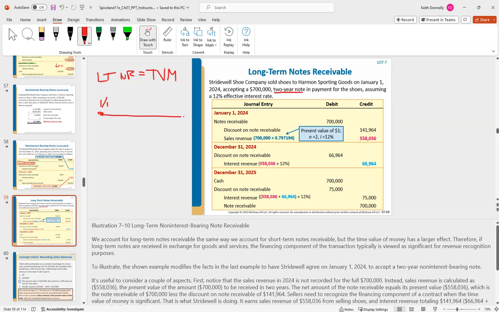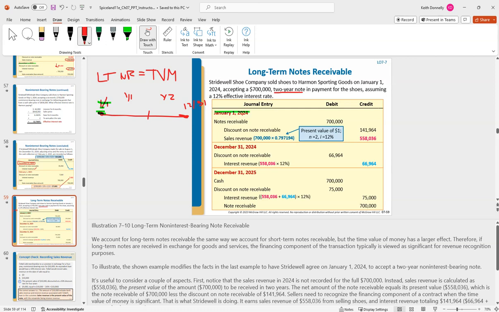Okay, so we're getting into a 2-year period here. So there must be 1 year and 2 years. So ultimately they're going to collect it right here at 12/31 year 2. How do we account for this? So let's take it one journal entry at a time. 1/1.